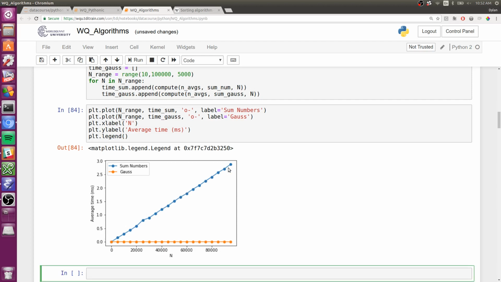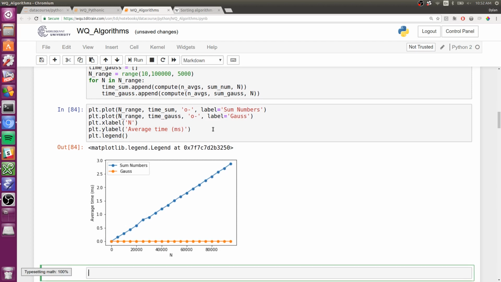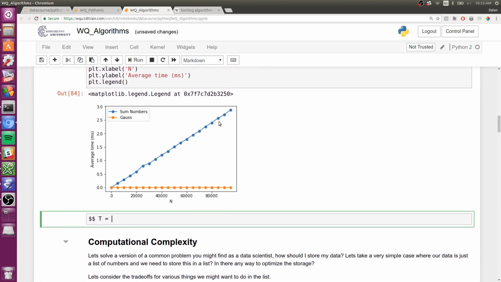The idea here is, the amount of time, t, that it takes to compute the sum is something like a times n squared plus b times n plus c.